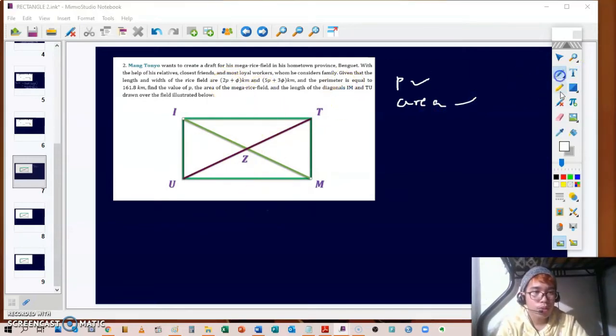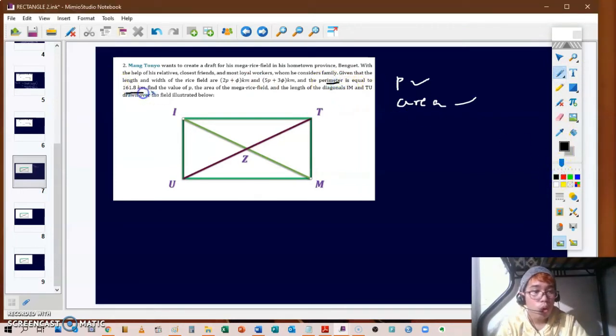To solve first for the value of P, we can use the formula for the perimeter, since we're given that the perimeter is equal to 161.8 kilometers. So 2L plus 2W is equal to the perimeter.